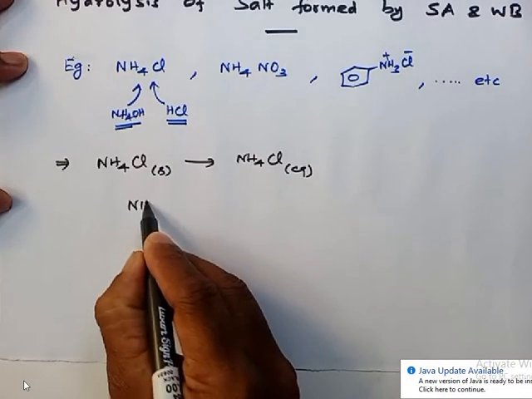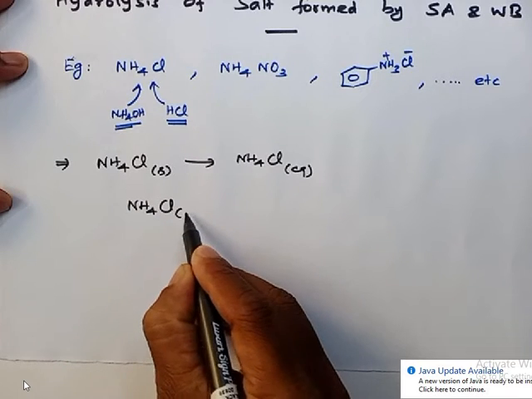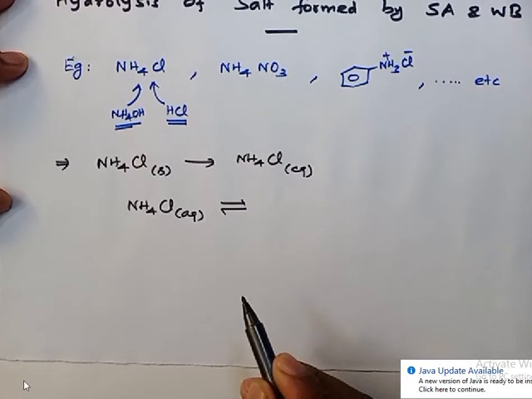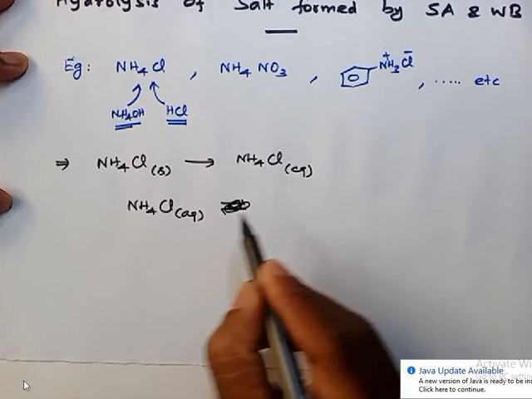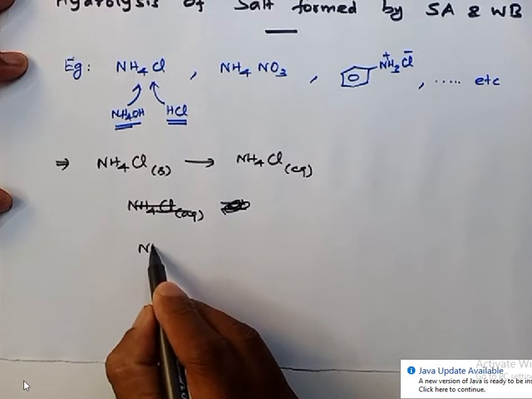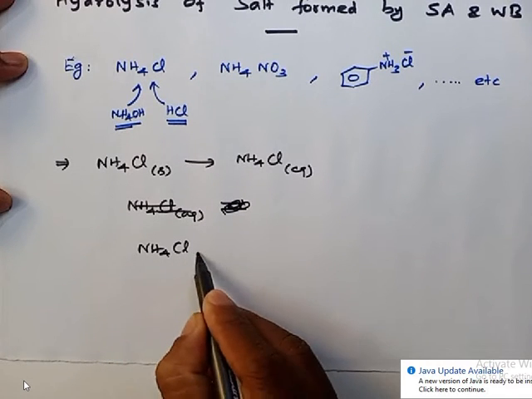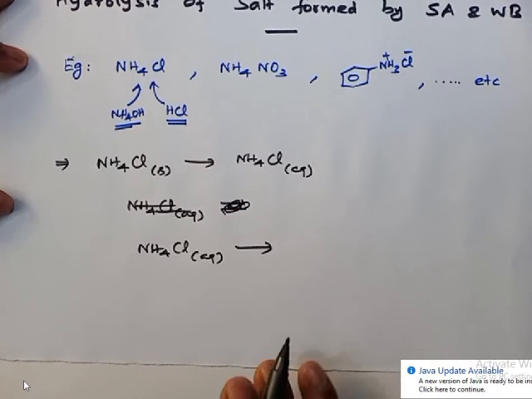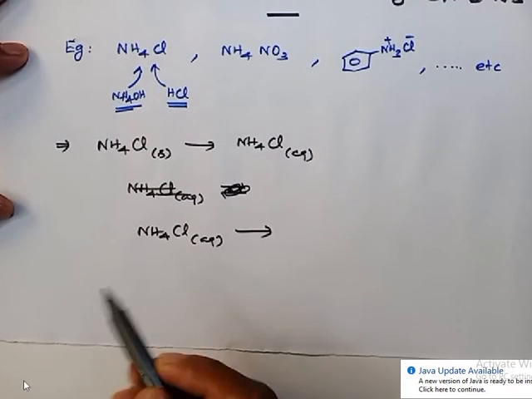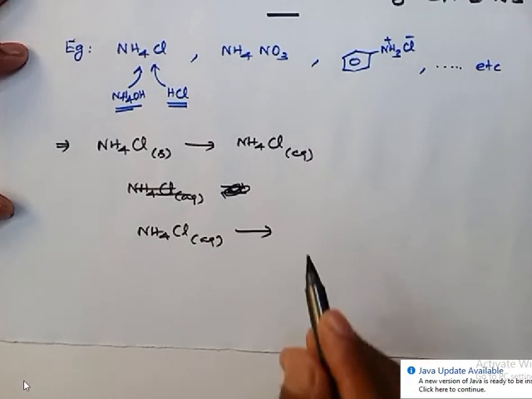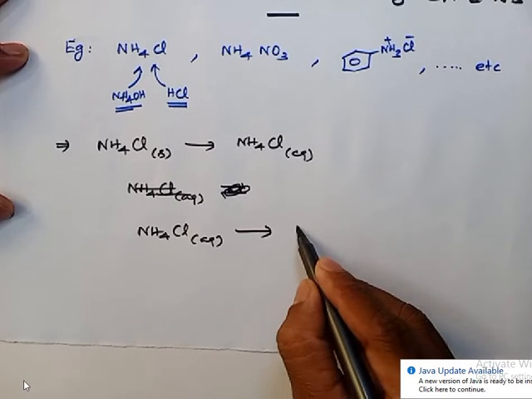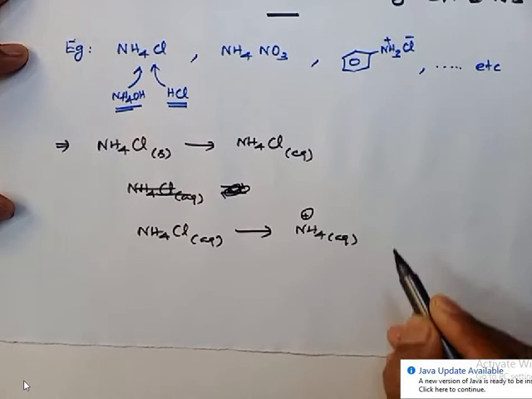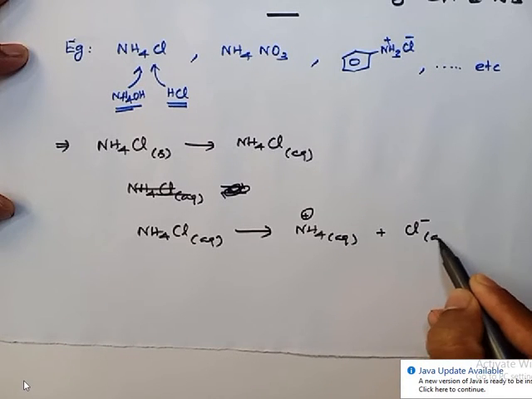In aqueous solution, ammonium chloride undergoes complete ionization, because ammonium chloride is a strong electrolyte. It undergoes complete dissociation and gives ammonium ion and chloride ion in aqueous medium.